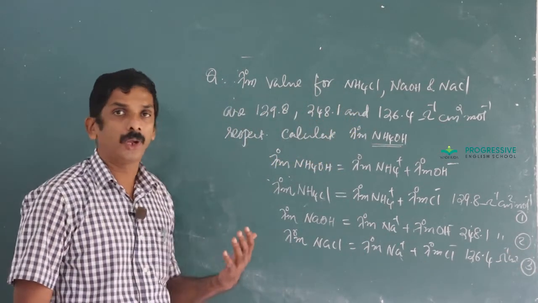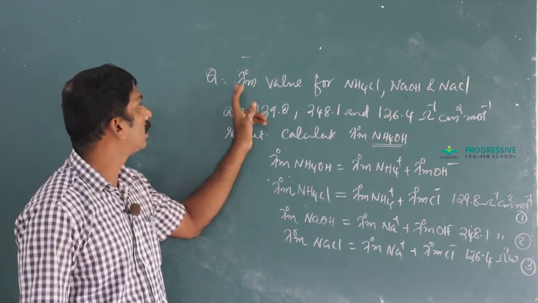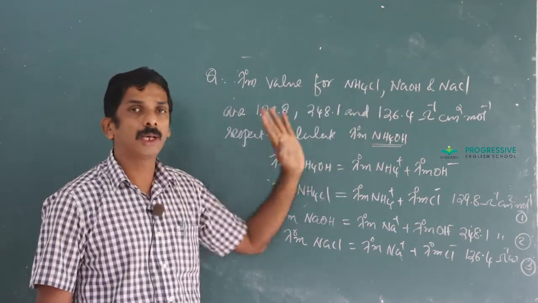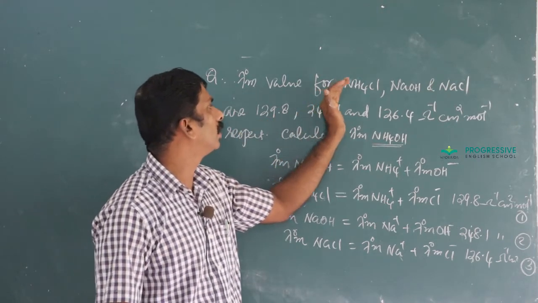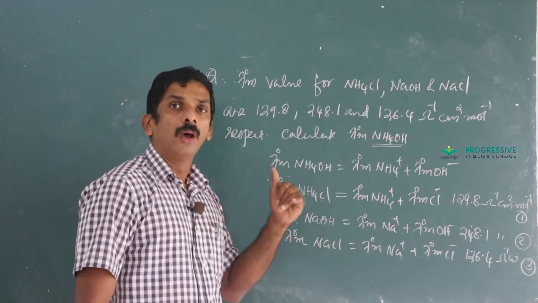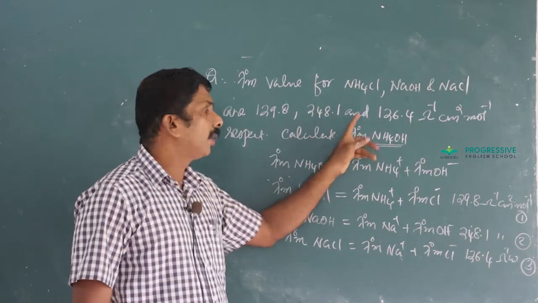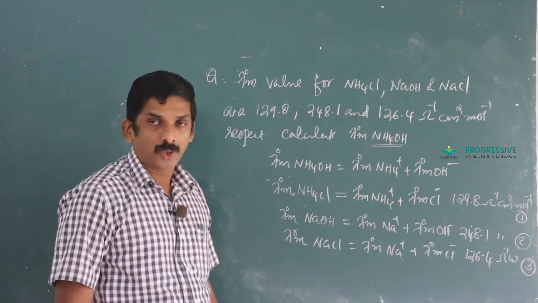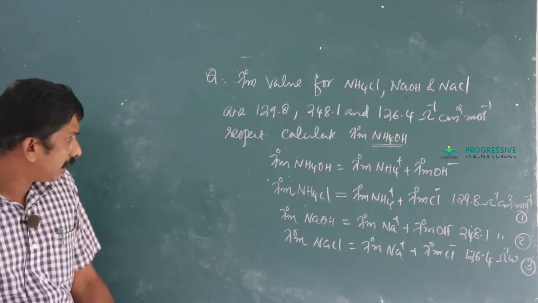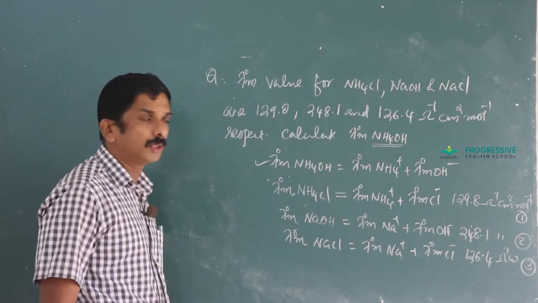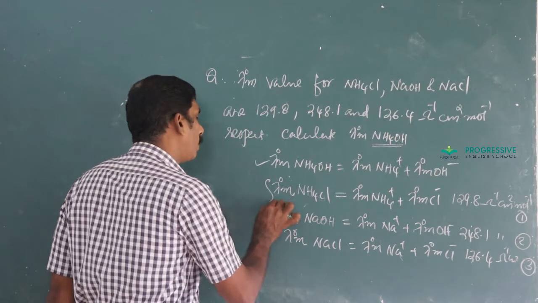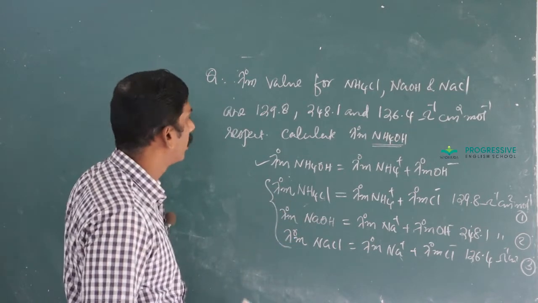Once more I repeat, the question is asked like this. The lambda 0 values of three strong electrolytes are given, and on the basis of these you calculate the lambda 0m value of a weak electrolyte. This is our required equation, lambda 0m NH4OH, and these three equations are provided.